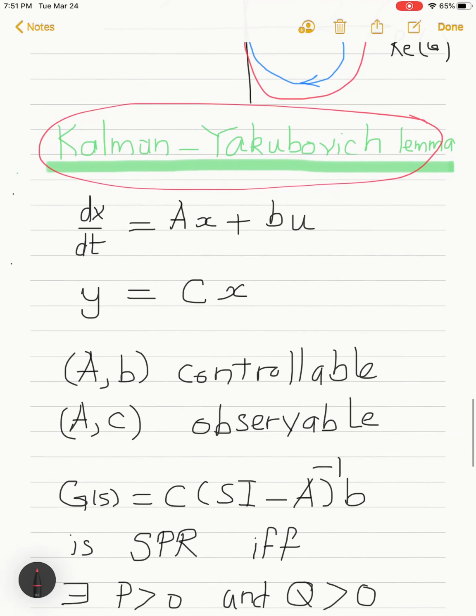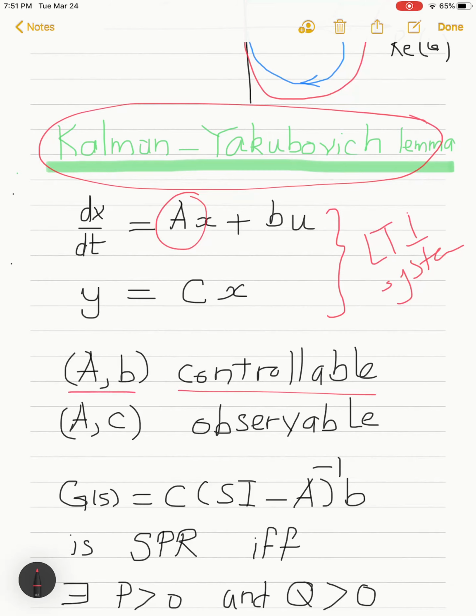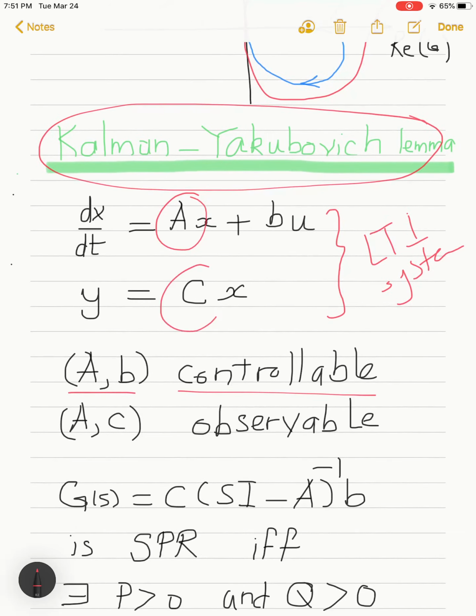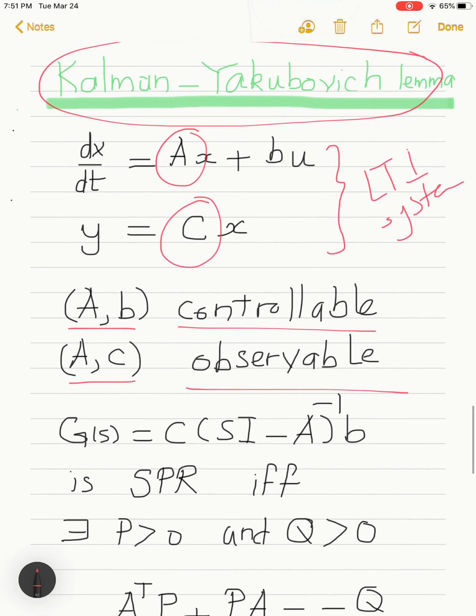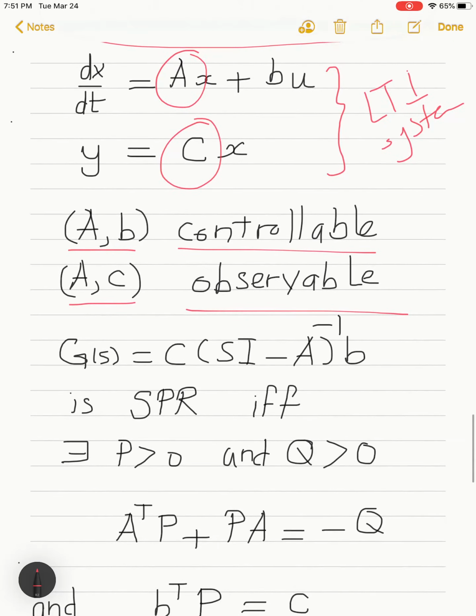So if we consider a linear time invariant system, and we assume that A and B are controllable, A and C observable, then the corresponding transfer function to this system, which is C times (sI minus A) inverse B, is called SPR if and only if it satisfies the following condition.